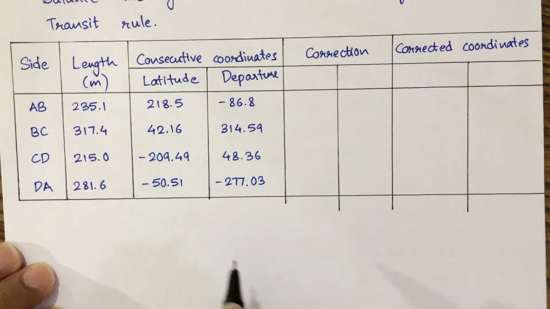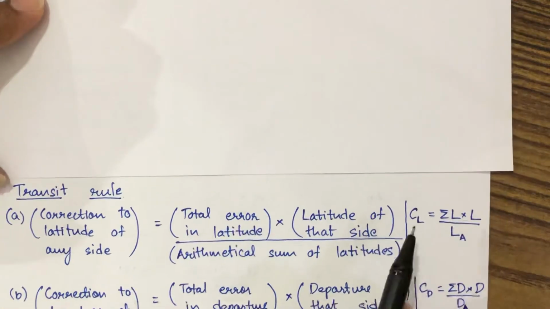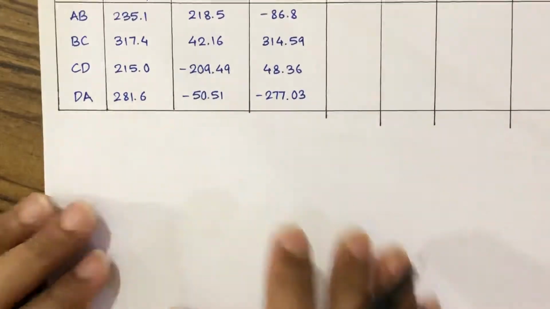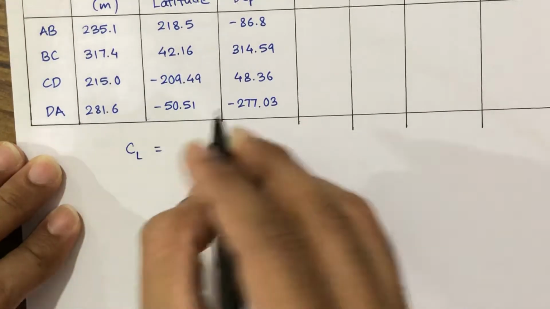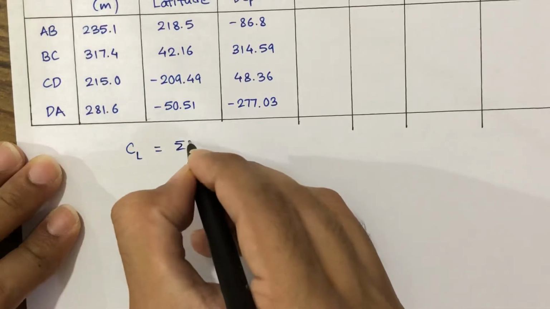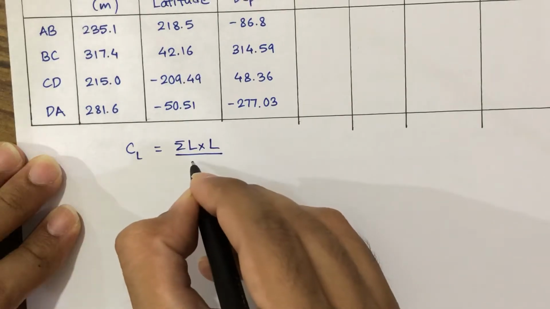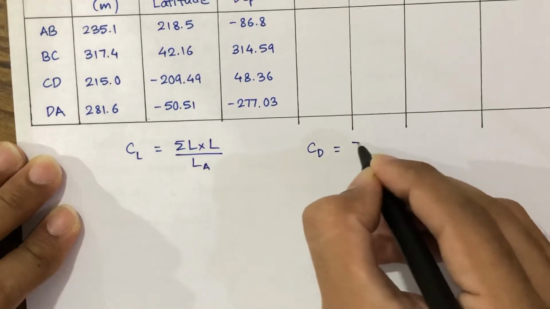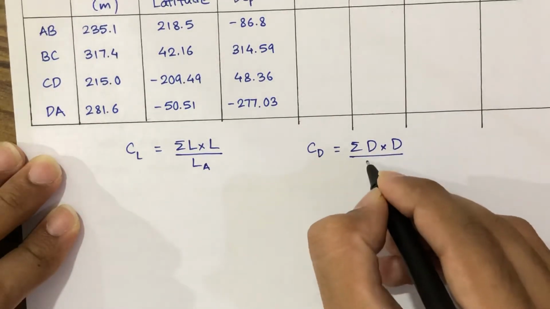By transit rule, correction to latitude CL is summation L into capital L upon LA, and CD is summation D into capital D upon DA.